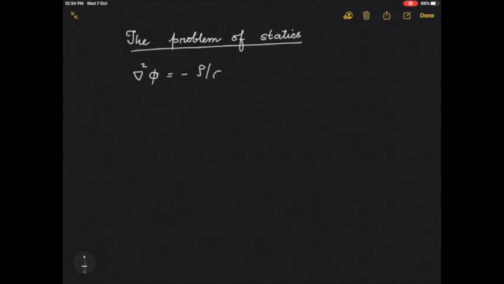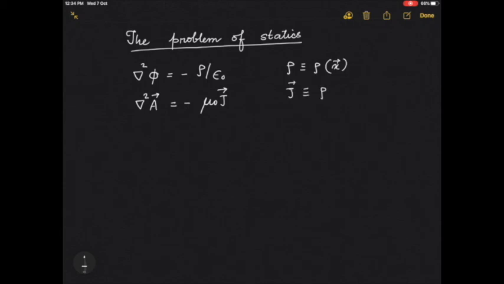So you get a Poisson equation for phi. This we call the Poisson equation, as you know very well. And you get three Poisson equations if I consider the three components of A. Remember that rho now is a function of the three position variables only, and J is also a function of only three position variables.